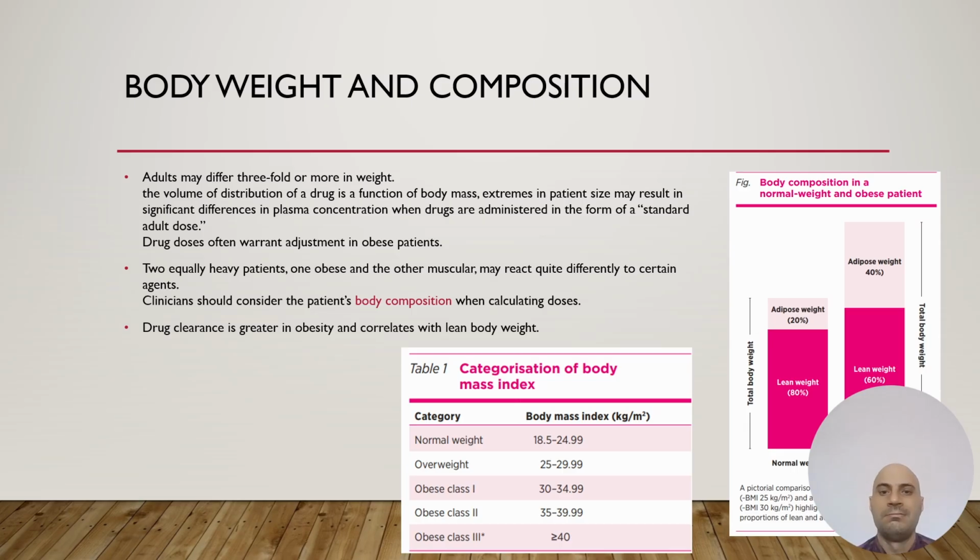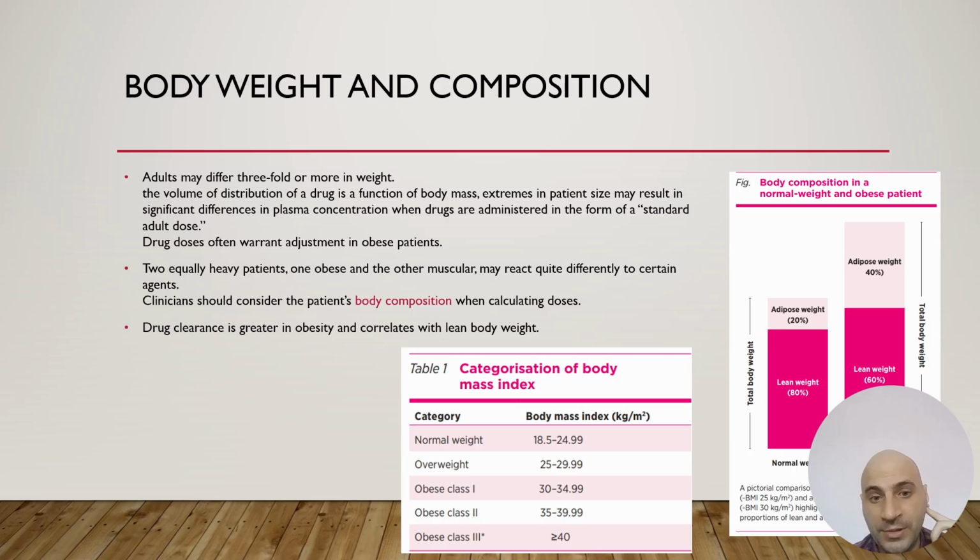and body composition. So you can define an 18-year-old or 17-year-old person that is 42 kilograms, 40 kilograms as an adult, and at the same time you can define someone that weighs 150, 160 kilograms as an adult.